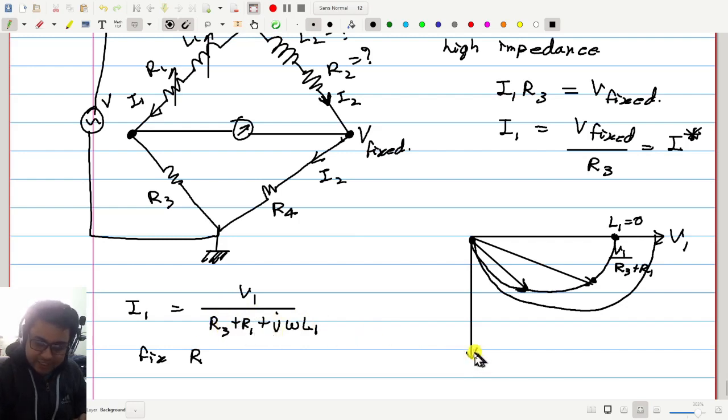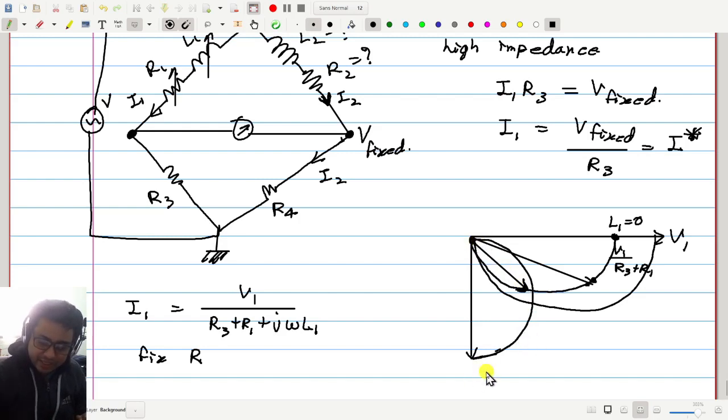Now as we increase resistance, the current will move in this direction towards the voltage, but its magnitude will decrease. If we plot this graph by taking different values of R1, starting from total resistance R1 plus R3 equal to 0, and then increase resistance, we will move in this path. For very high resistance, the current will be 0.